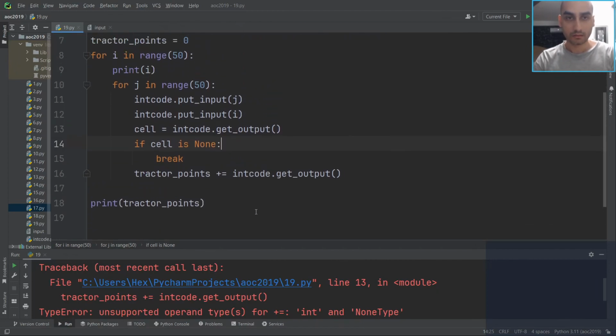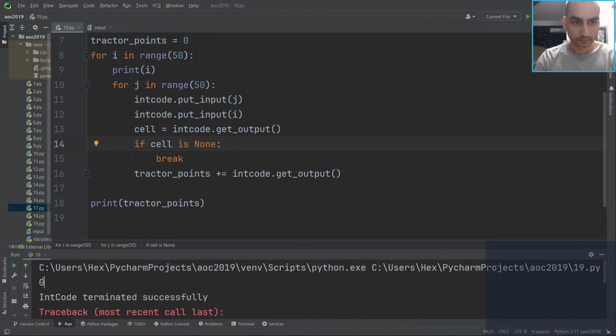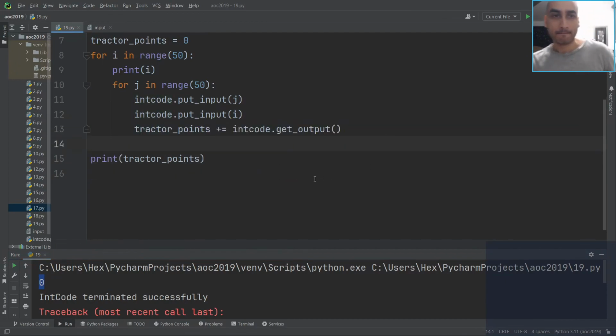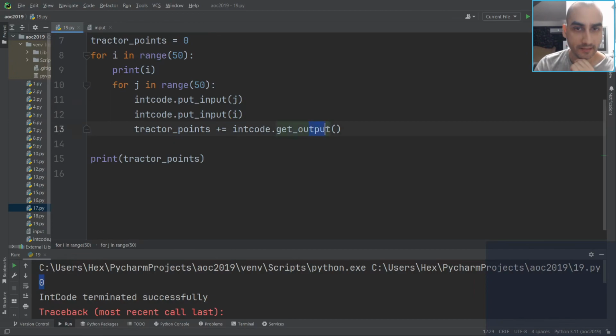So... wait, why would we ever get none? No, so there's a problem. Yeah, we should never have this. So we put a J, we put an I, and then we get an output.